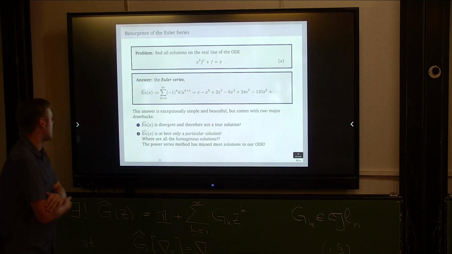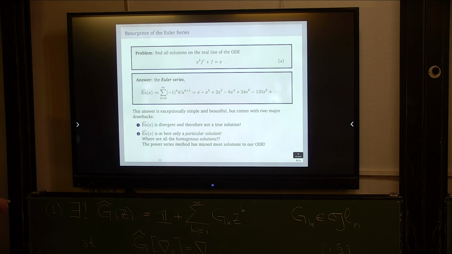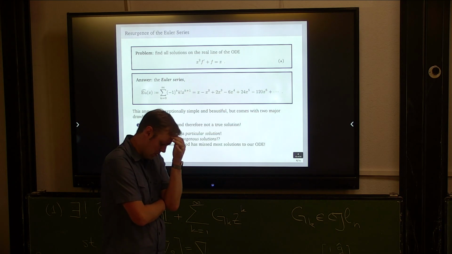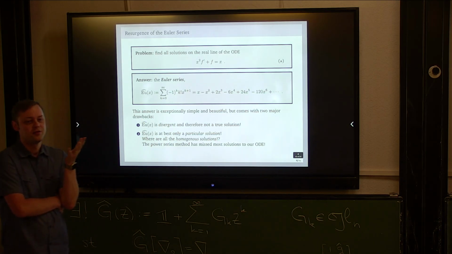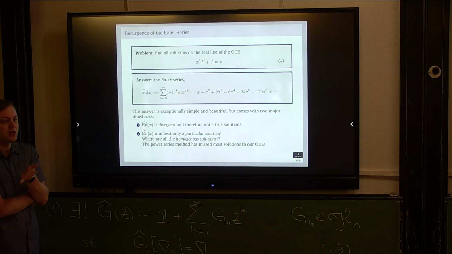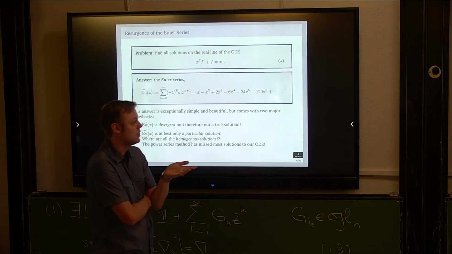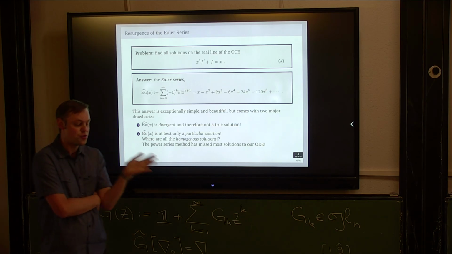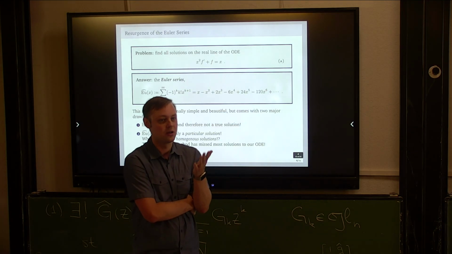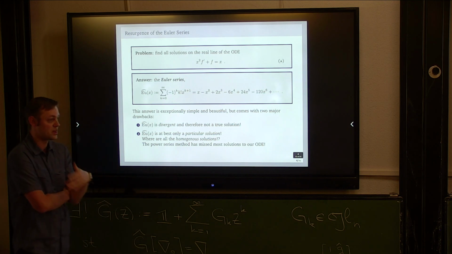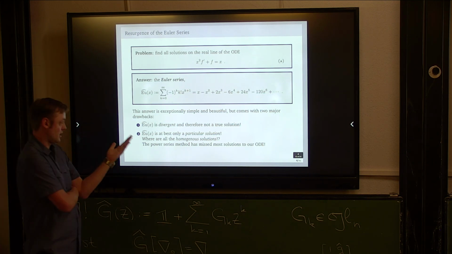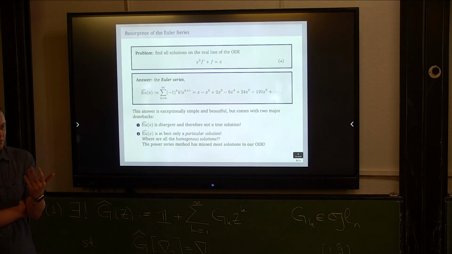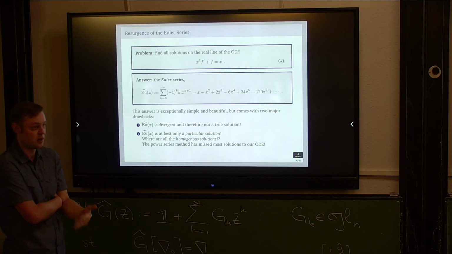And then there's maybe an even more worrying problem, which is that we do know the properties of ODEs, and when we have a linear ODE of order 1, as we have here, we know that the solutions form a vector space of dimension 1, right? So if this power series method were appropriate, we would expect to recover a one-dimensional family of solutions.